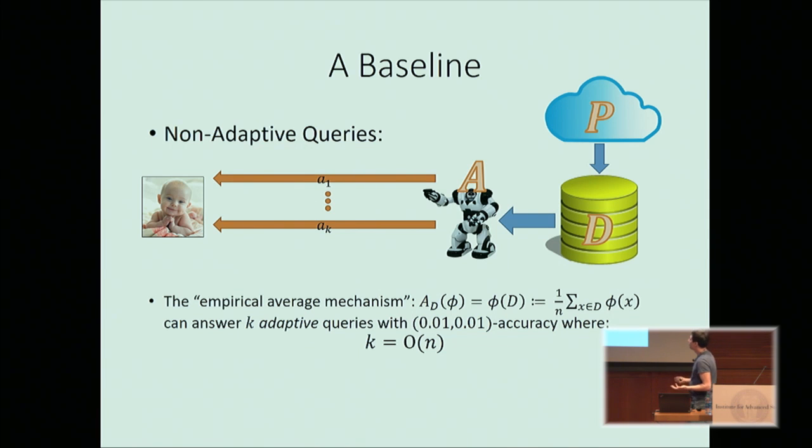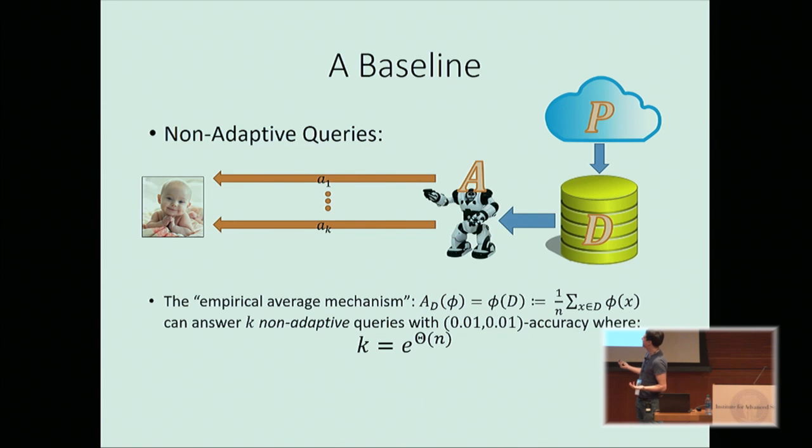Okay, so it seems that adaptivity has an exponential cost in terms of the ability of a statistical estimator to correctly answer linear functionals.